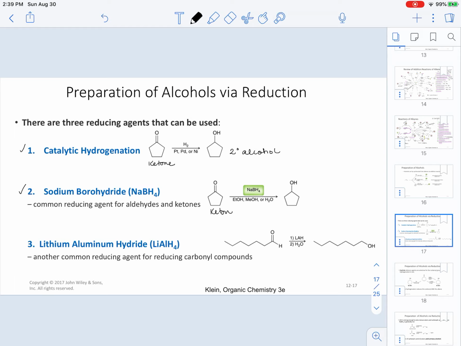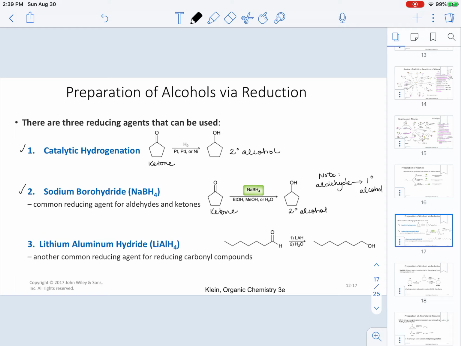And when a ketone reacts with sodium borohydride, it is going to form a secondary alcohol. Notice that if you have an aldehyde, in this reaction, we're going to be forming a primary alcohol.